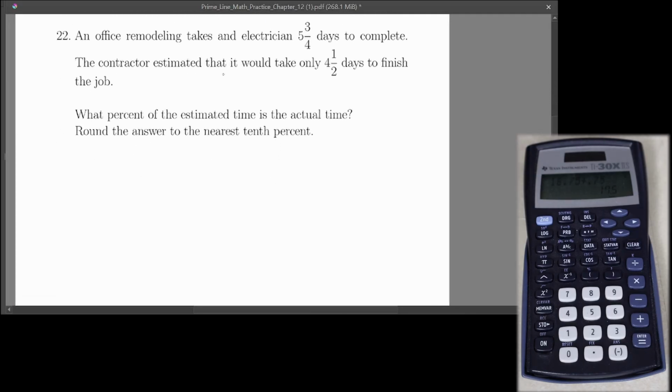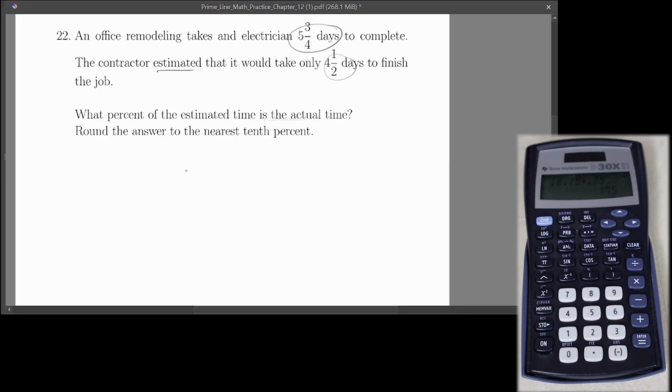Okay. An office remodeling takes an electrician this many days to complete. He estimated that it would only take this many days. So we want to estimate what percent of the estimated time is the actual time.